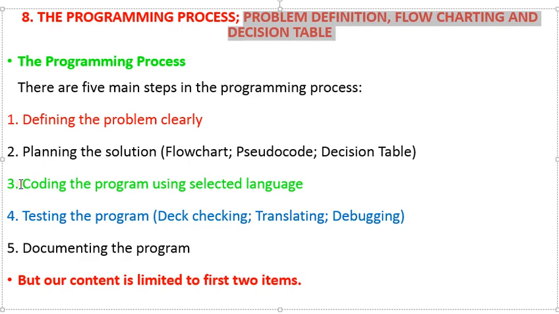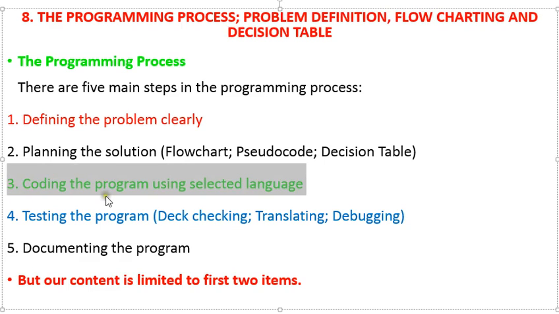After this, you go to the step of coding, and this coding is nothing but writing the actual computer program in a given programming language. We have seen previously that we have many programming languages like C, C++, assembly language, Java, and the rest.